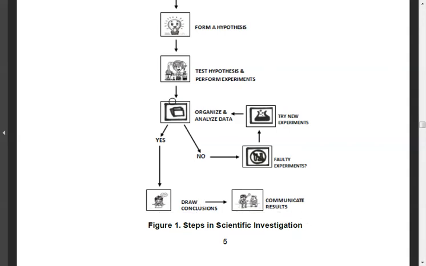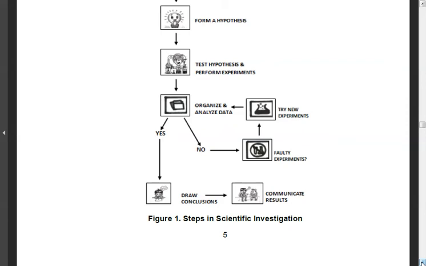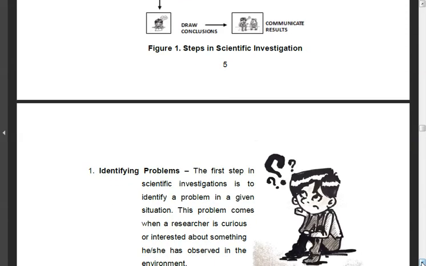But if it is not successful, you have to find out the cause of the failure of your experiment. Then you do another experiment and get new results, organize and analyze them, and if it's already correct, then you can proceed to the next step to give conclusions and communicate your results. Those are the steps in the scientific investigation.